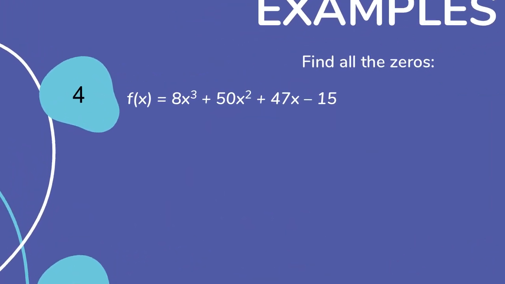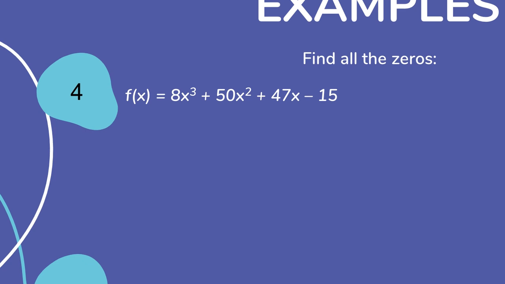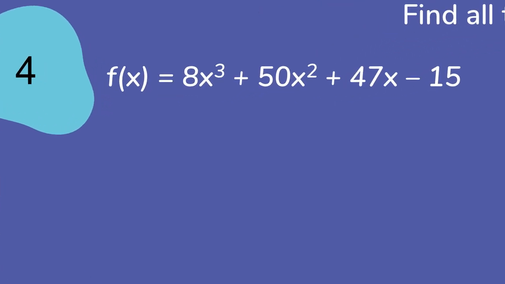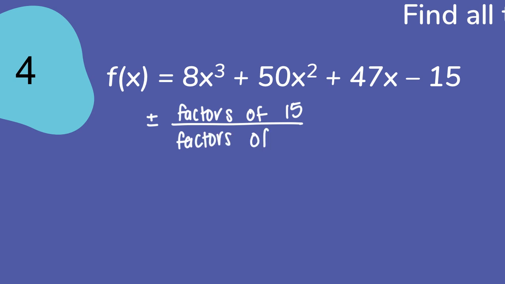All right, I'm going to go ahead and do example number 4. I really need you guys to pay attention again. The first thing I have to do is find those factors. How am I finding those factors? I'm taking the factors of my last term. Keep in mind they're both positive and negative. Again, don't write it, I need you to pay attention: factors of 15 and factors of 8.